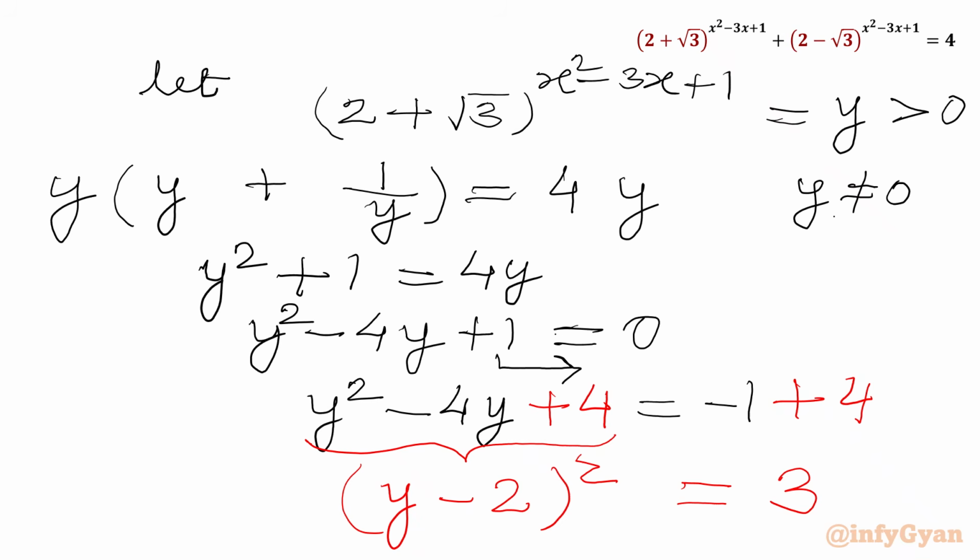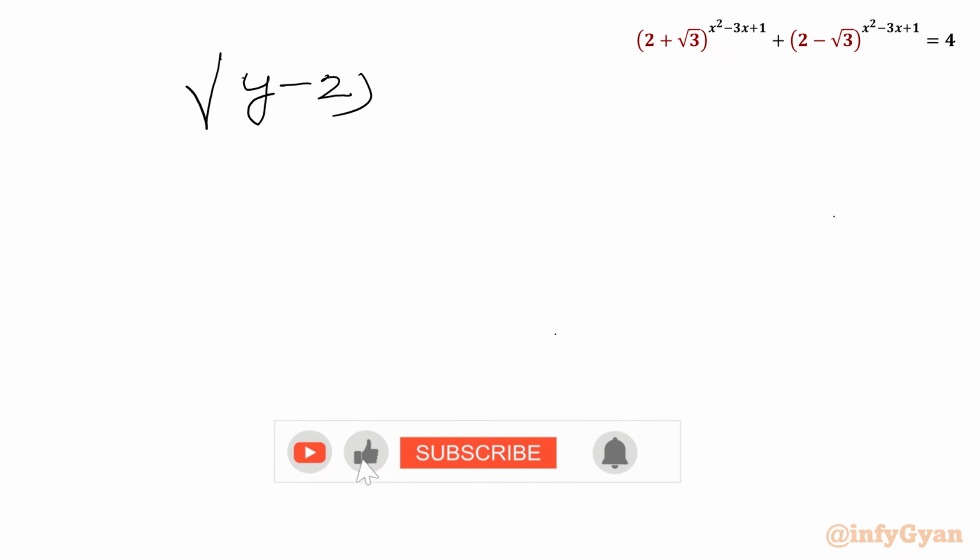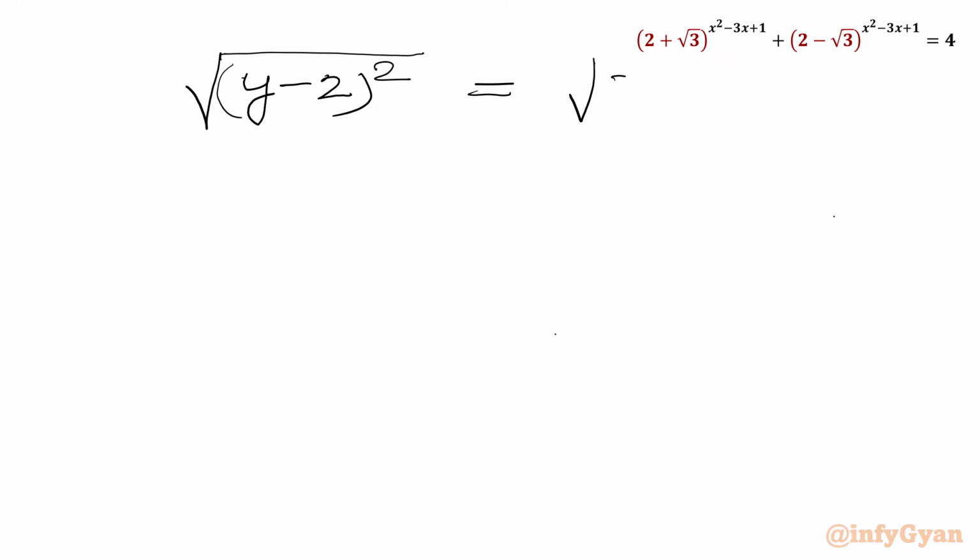Y minus 2 whole square is 3. We will take square root both sides. So we can write y minus 2 equal to square root 3. We'll write here plus minus sign. Square root and square will get over.